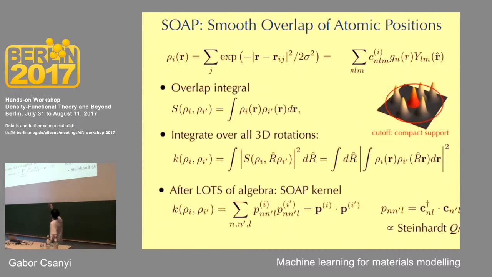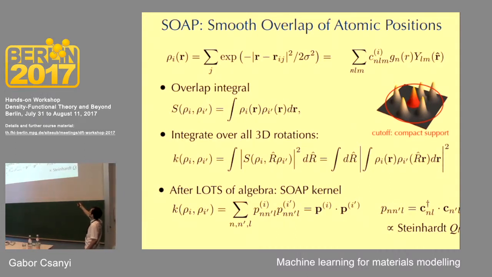If we expand this neighbor density in Y_lm, spherical harmonics, so c_nlm are the expansion coefficients, it turns out that this rotationally integrated overlap is exactly equal to the dot product of what we call power spectra, which are just dot products of the spherical harmonic expansions.